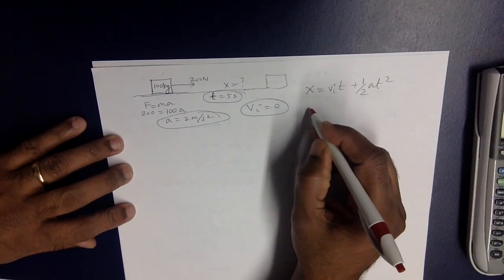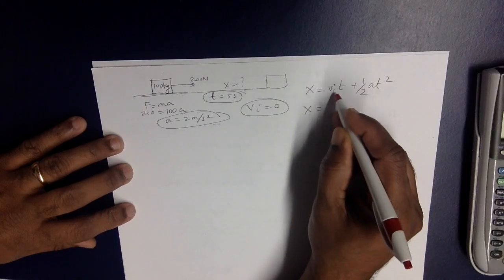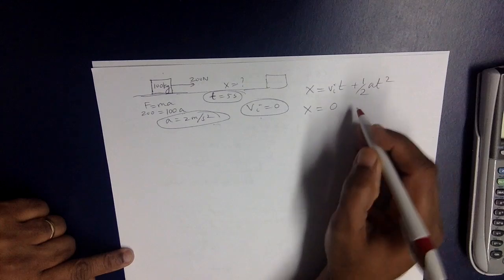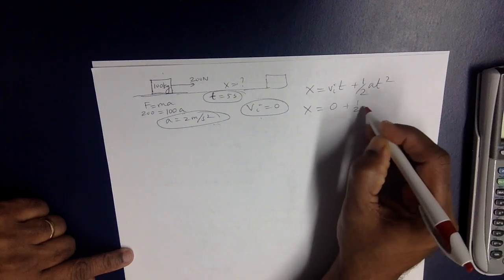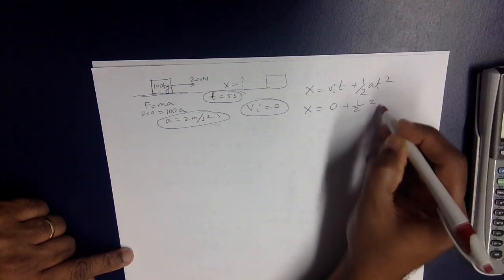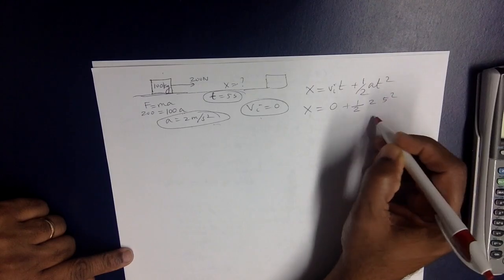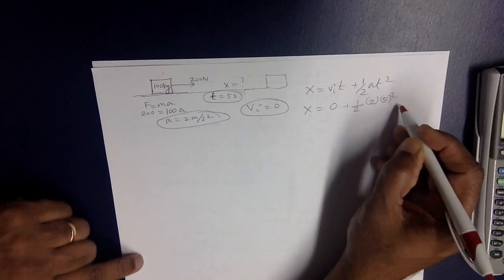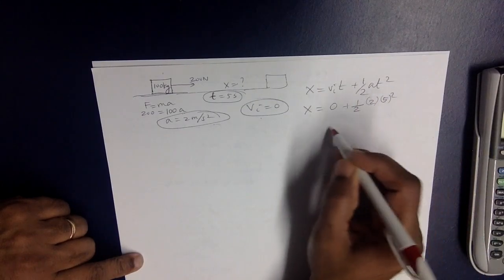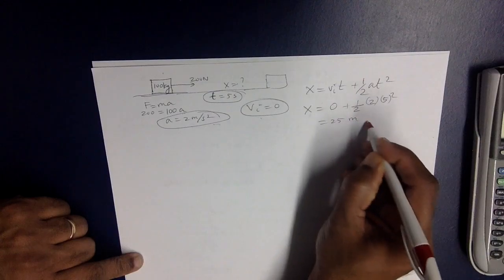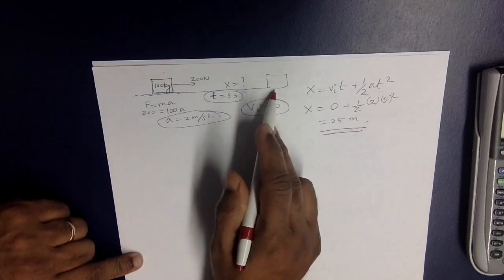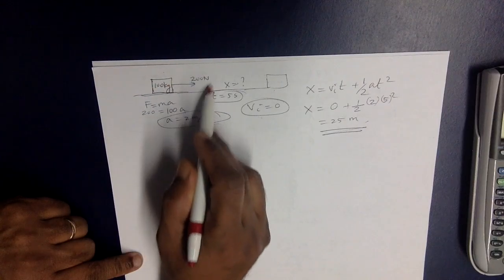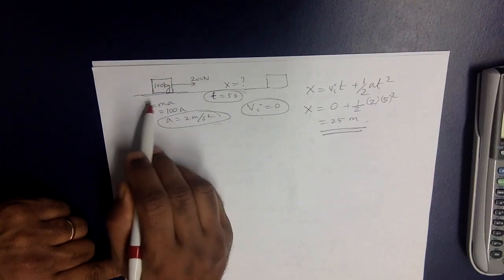Substitute. x is what you want to find out. vᵢt is 0 because vᵢ is 0, and then you have ½ times 2 times 5 squared. So if you process this, you get 25 meters. So that means this block is going to move 25 meters in a time of 5 seconds if pulled with a net force of 200 newtons.